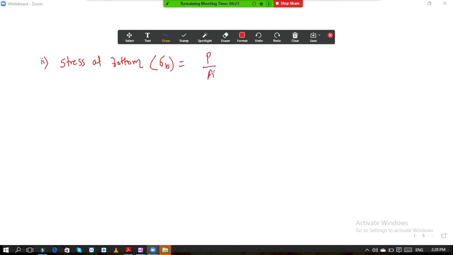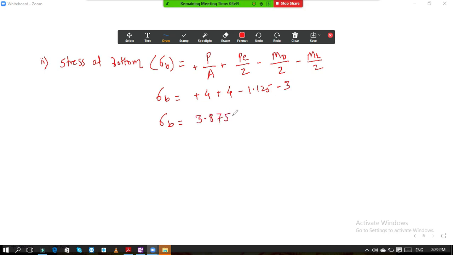It is P by A, direct stress, which is always positive, plus PE by Z minus MD by Z plus ML by Z. Sigma B is equal to P by A, it is plus 4, again PE by Z plus 4, minus 1.125, minus 3. So sigma B is equal to 3.875 Newton per mm square.